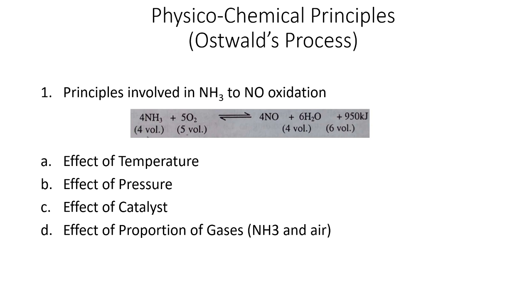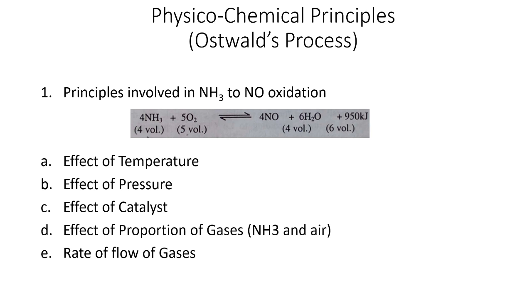So this should be avoided. Okay, and that will reduce the yield of the desired product. So this should be avoided. So proportion of gases is very important in the case of this reaction.